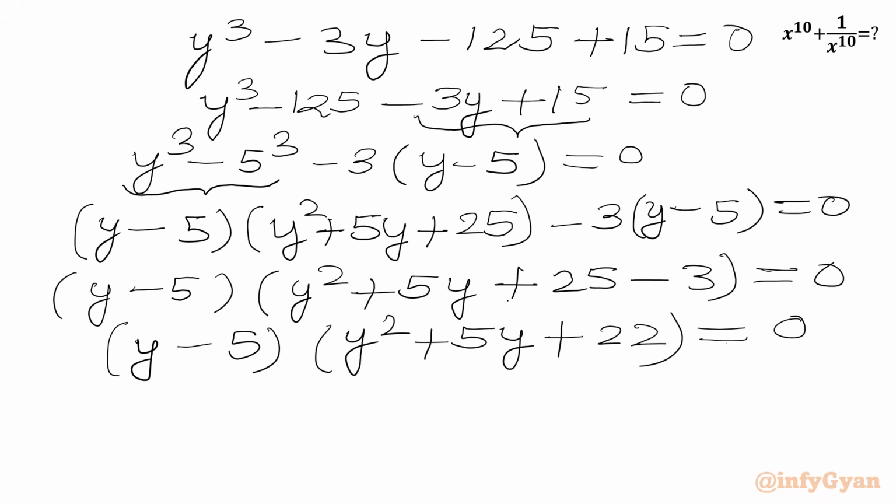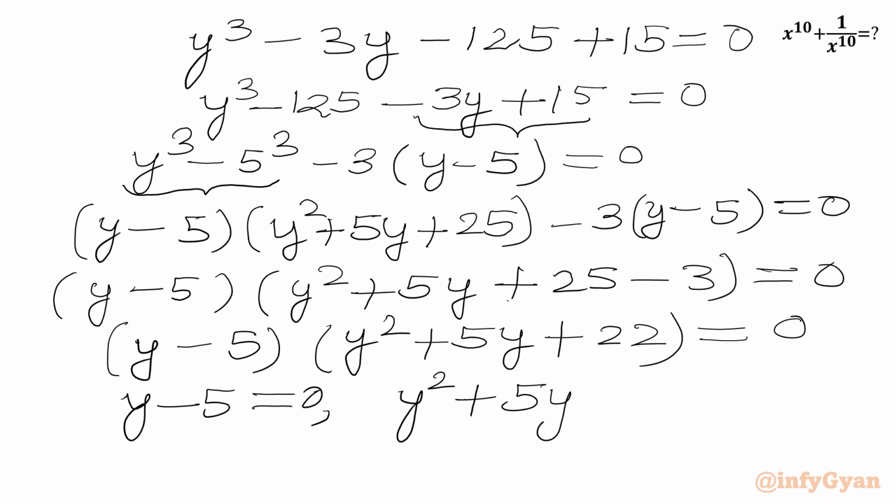Now we will use the product 0 rule. So we can write either y minus 5 equal to 0 or y square plus 5y plus 22 equal to 0. Let's solve both the equations.